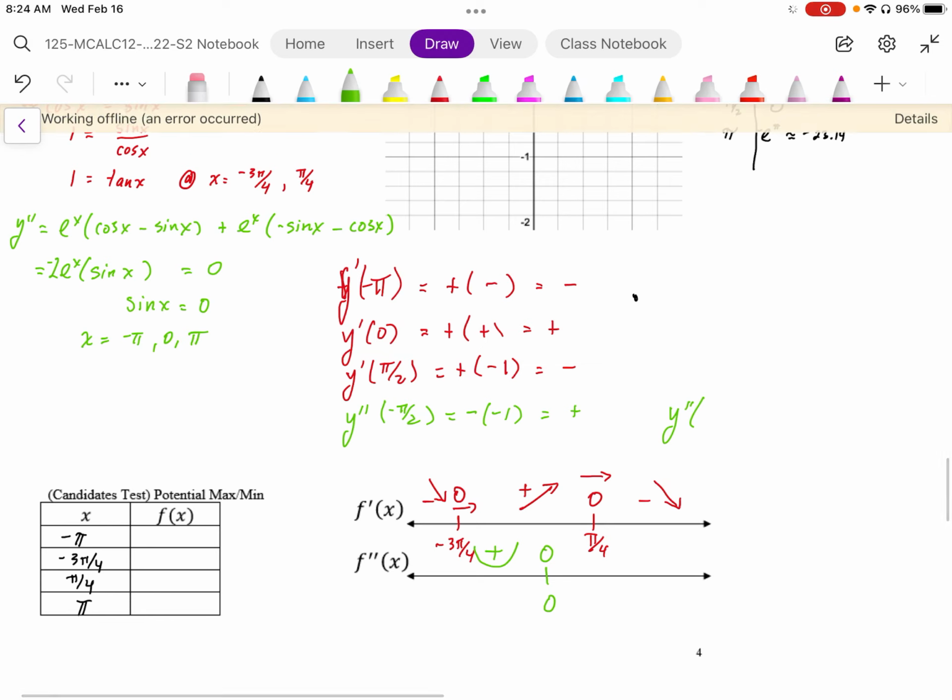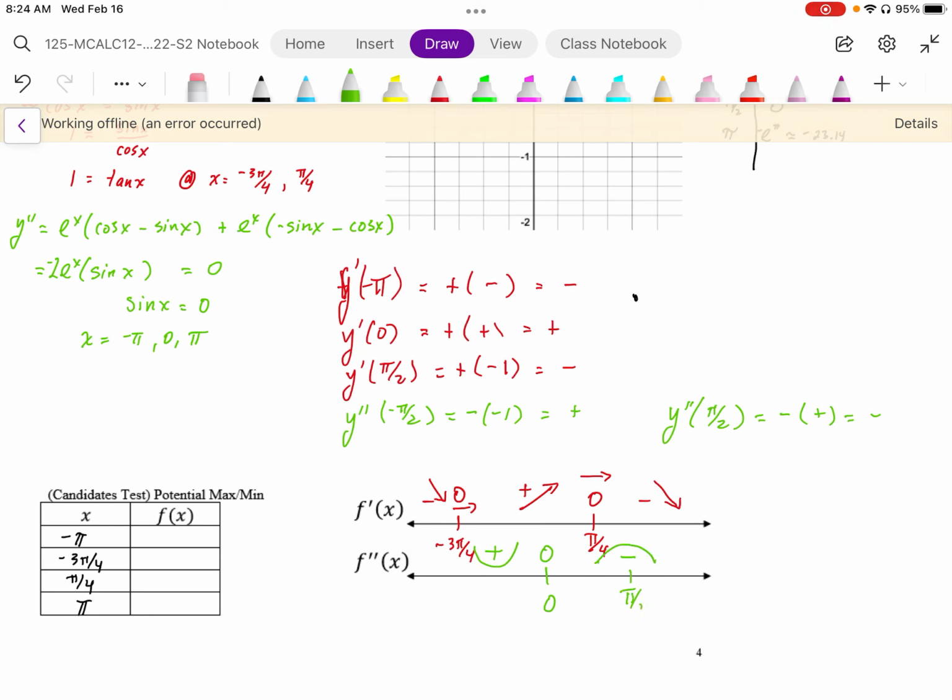Now I'm going to try positive pi over 2 in the second derivative. Negative 2 times e is negative, and inside the bracket, sine of pi over 2 is positive 1, so I end up with negative concavity in this region. Those are my slope and concavity charts.